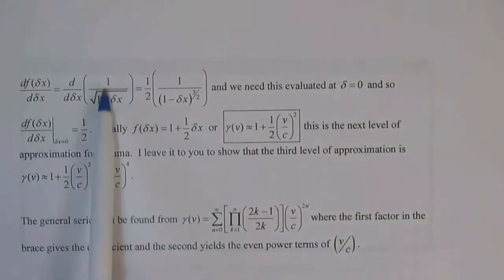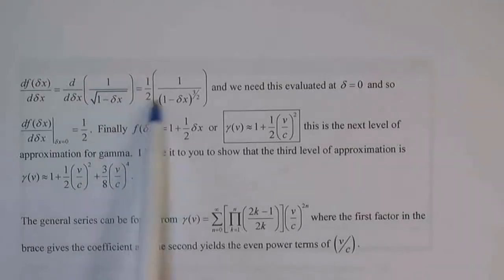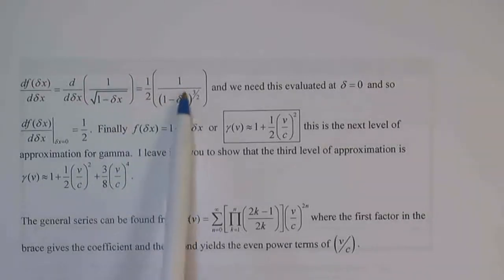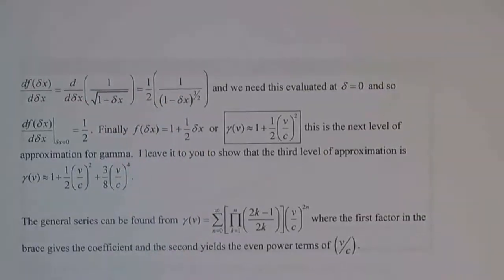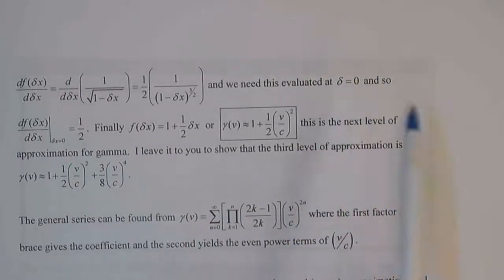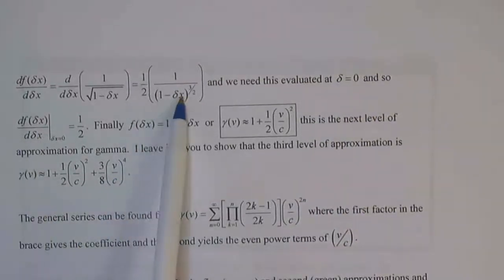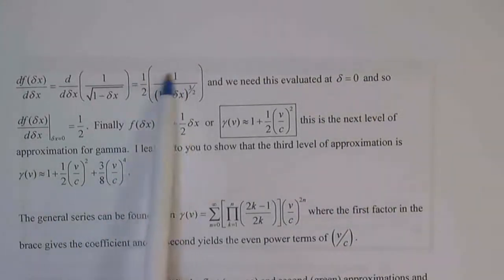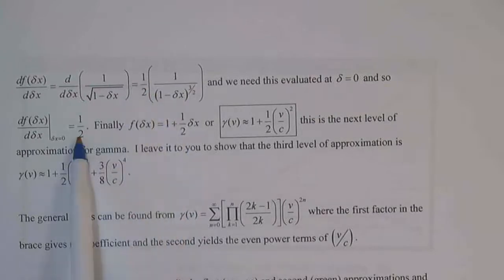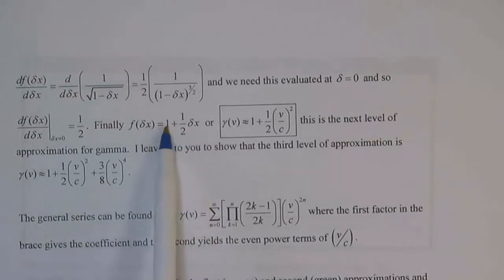So we want to take the derivative of 1 over the root 1 minus delta x, and we get 1/2 times 1 over 1 minus delta x quantity to the 3/2 power. We want to evaluate this at delta x equals 0, and so that is just putting 0 in here. We get the value inside the parentheses to be 1. We get 1/2.